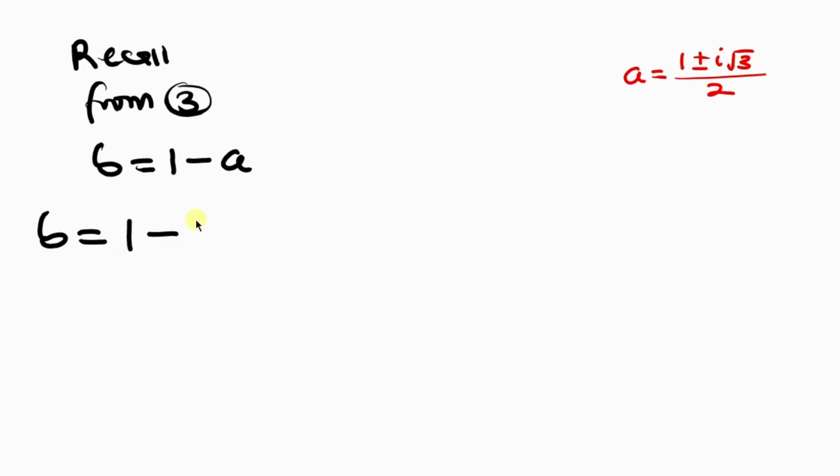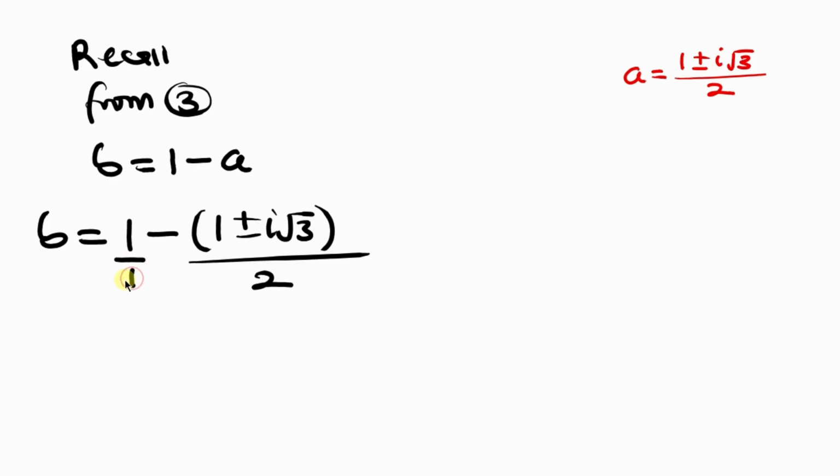Our a is 1 plus or minus i root 3 all over 2. Very good. Now, we can make this a fraction by putting all over 1 here. Good. Now, notice that the denominator here is 2. We can also make the denominator here 2.